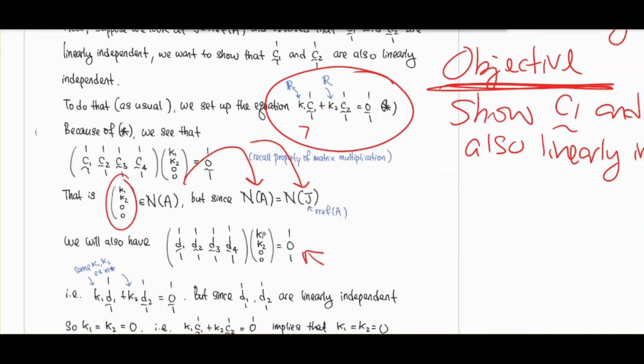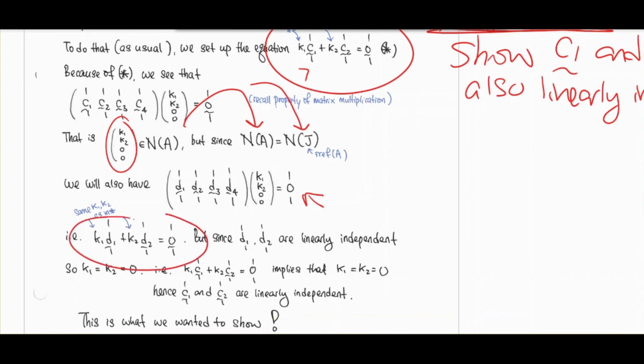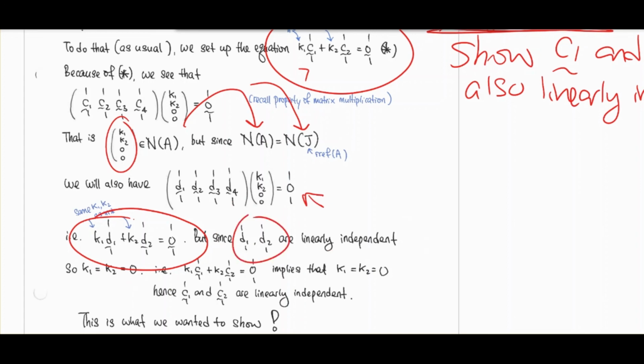So what does it mean? That means K1 of this vector plus K2 of this vector plus 0 of this vector plus 0 of this vector will have to be 0. So we will have K1 of D1 plus K2 of D2 equal to 0. But what is our hypothesis? Our assumption here is that D1 and D2 are linearly independent. So if D1 and D2 are linearly independent and you set up this equation, then K1 and K2 here must be 0.